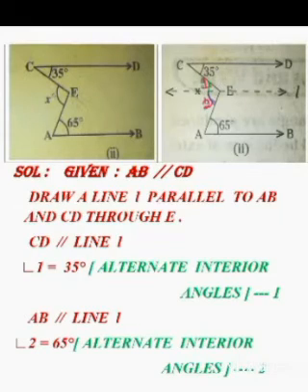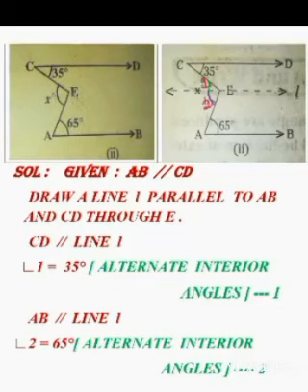Now let us take line CD first. Look at the figure, children. Line CD is parallel to line L. Then angle 1 will be equal to how much, children? 35 degrees, isn't it? What is the reason there? Alternate interior angles. So angle 1 is equal to 35 degrees, alternate interior angles. Let us consider that as equation 1.